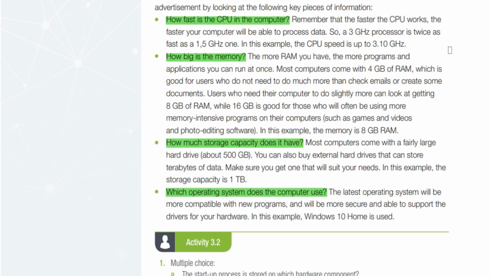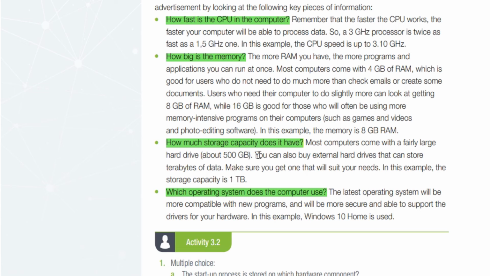Users who will need their computer to do slightly more can get up to 8 GB of RAM, while 16 GB is good for those who often use more memory intensive programs on their computer, such as games, videos, and photo editing software. In this example, the memory is 8 GB RAM.